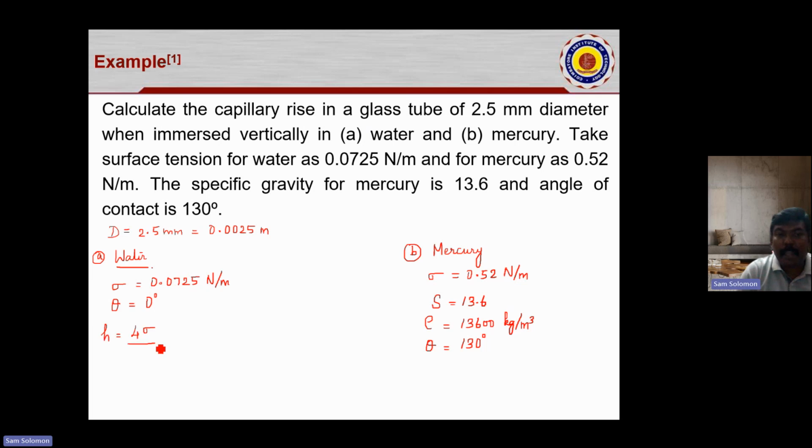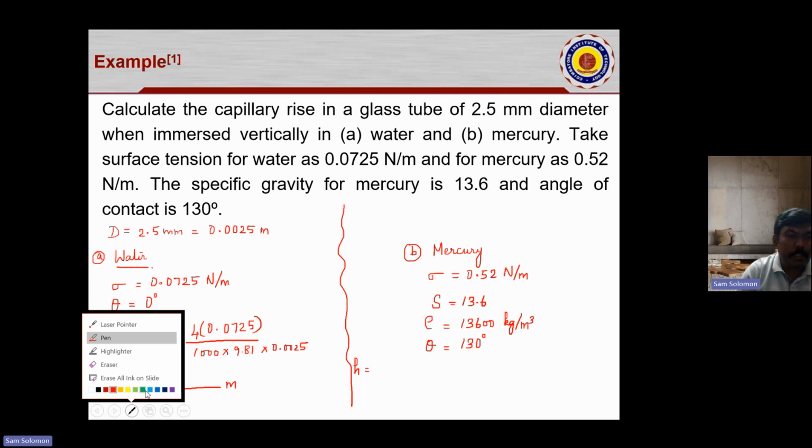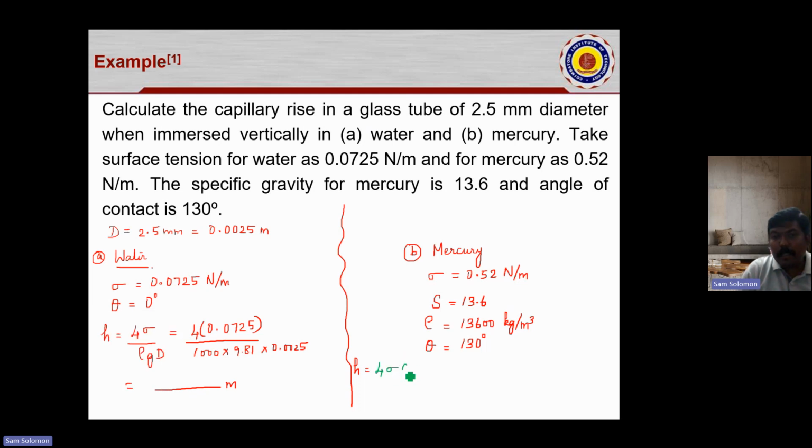So it is 4 sigma cos theta by rho g d. Cos theta, we are going to have cos 0, which is 1. So it is simply 4 sigma by rho g d. So 4 times 0.0725 divided by 1000 multiplied by 9.81 multiplied by 0.0025. This should give us the rise in the level, that is the capillary rise. Similarly, for mercury, it is 4 sigma cos theta by rho g d.